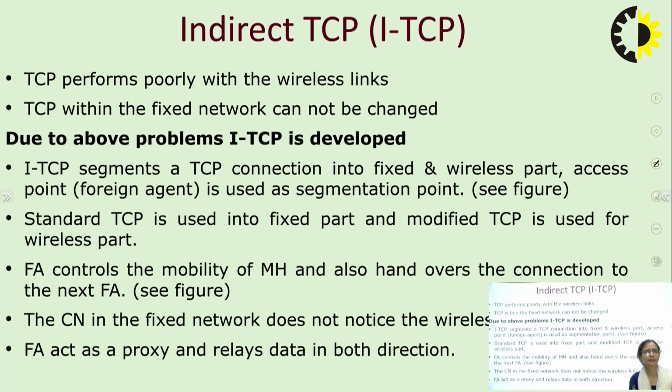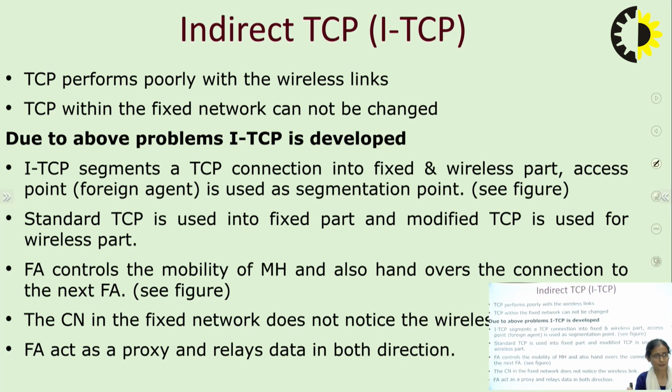The first one is indirect TCP. TCP performs poorly with wireless links, and TCP within the fixed network cannot be changed. So these are the two factors which have to be looked upon. Due to the above problems, I-TCP was developed. In the case of I-TCP, it segments a TCP connection into a fixed and a wireless part.